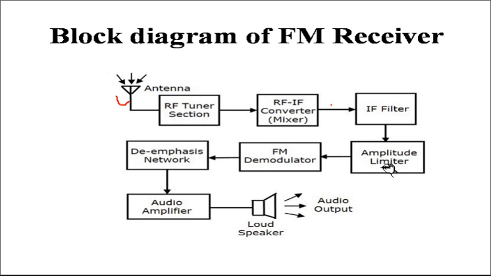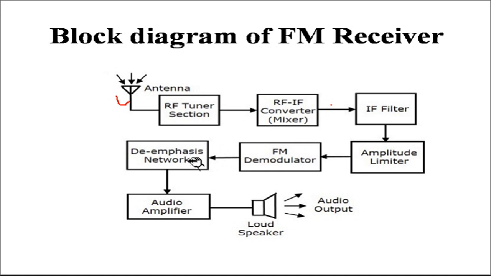The output of the amplitude limiter is fed to the next block called the FM demodulator. Similar to the process of modulation, we have the process of demodulation. It is just the reverse process of modulation. Here we are trying to reconstruct our original signal from the FM signal. That process is done by the FM demodulator, and its output is fed to the next block called the de-emphasis network.